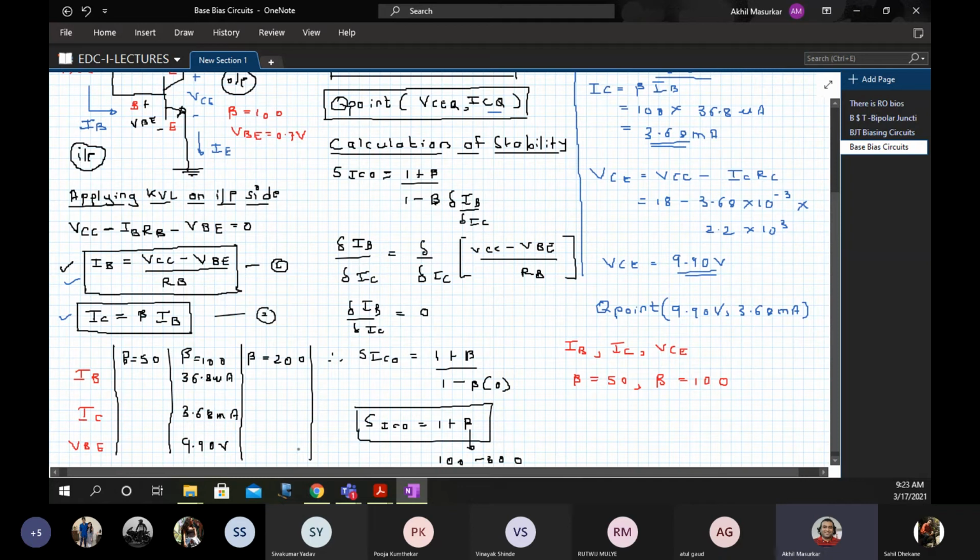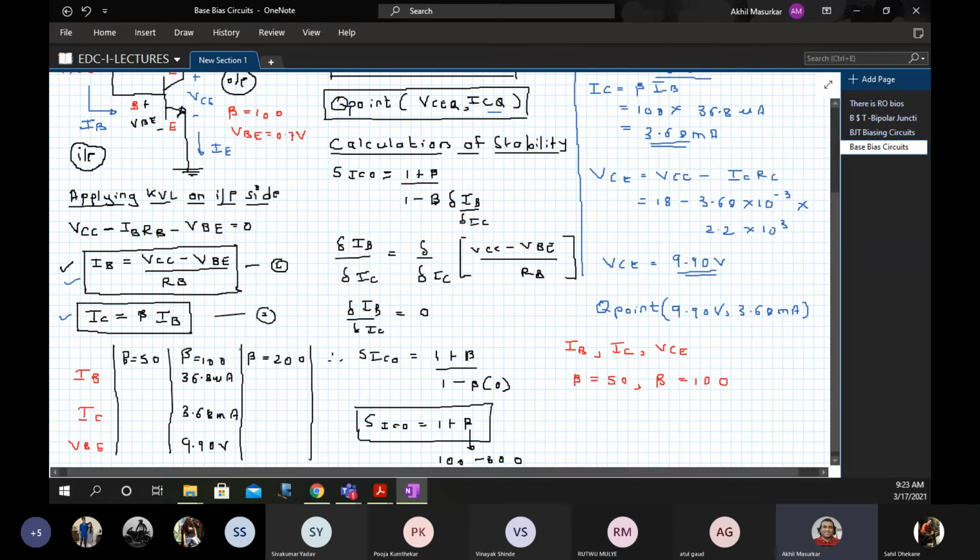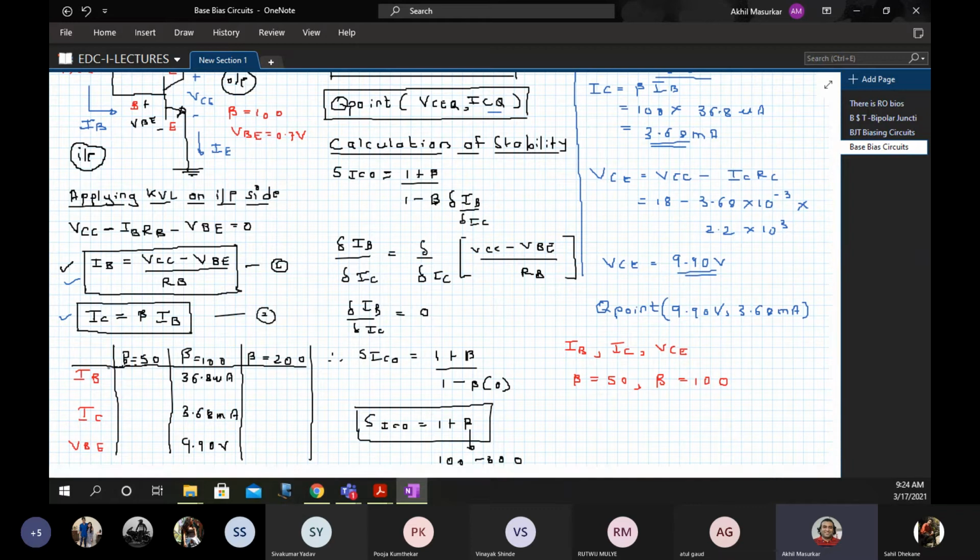For beta equal to 200, what is the value of IB, IC and VCE? Please post the values.